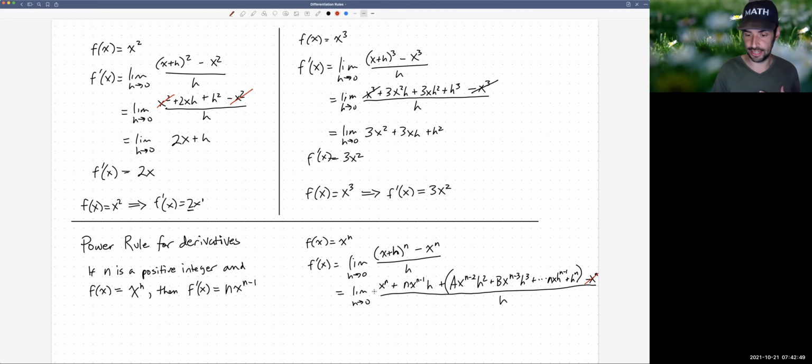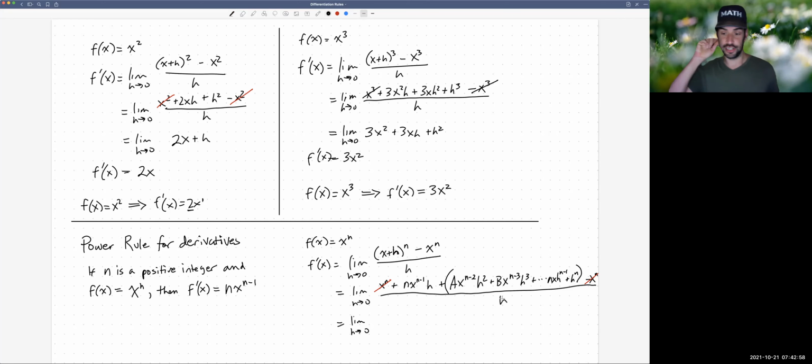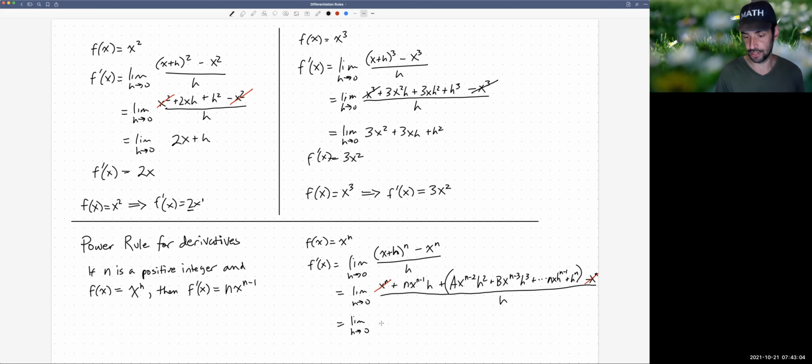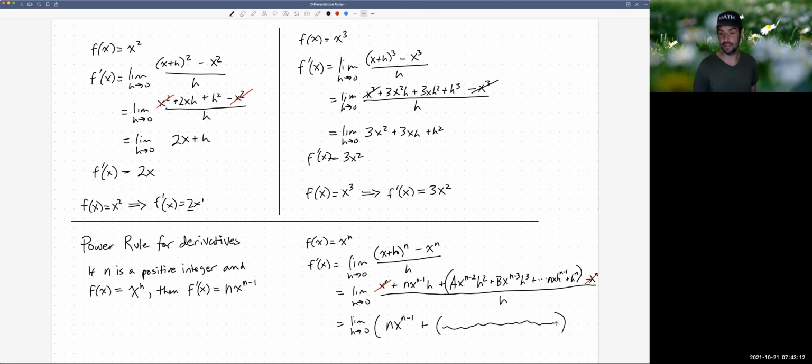The x to the n's are going to cancel. We're going to use this h in the denominator and factor out an h in the numerator. This h is going to cancel completely, and we're going to be left with n x to the n minus 1 plus everything left in the parentheses, which has at least one power of h left on it, right?